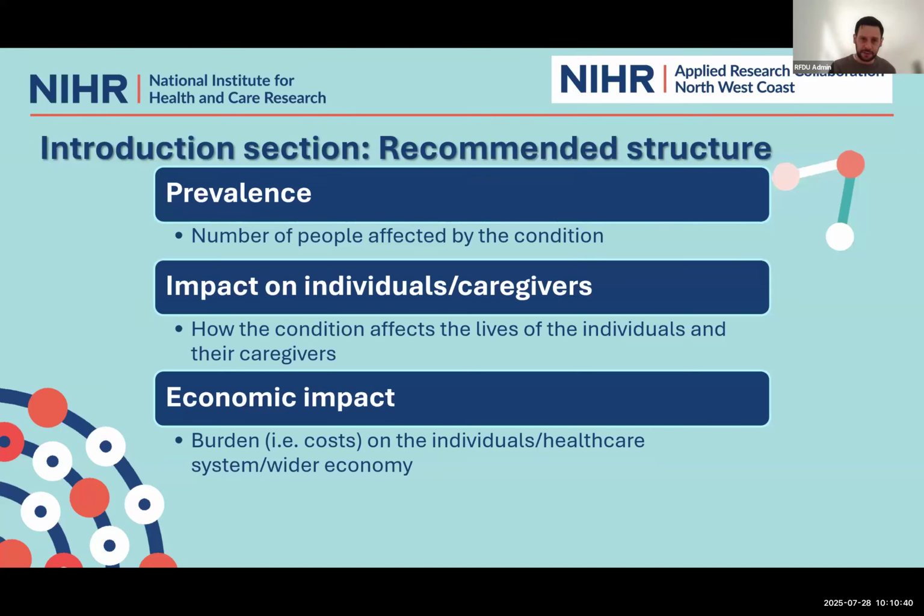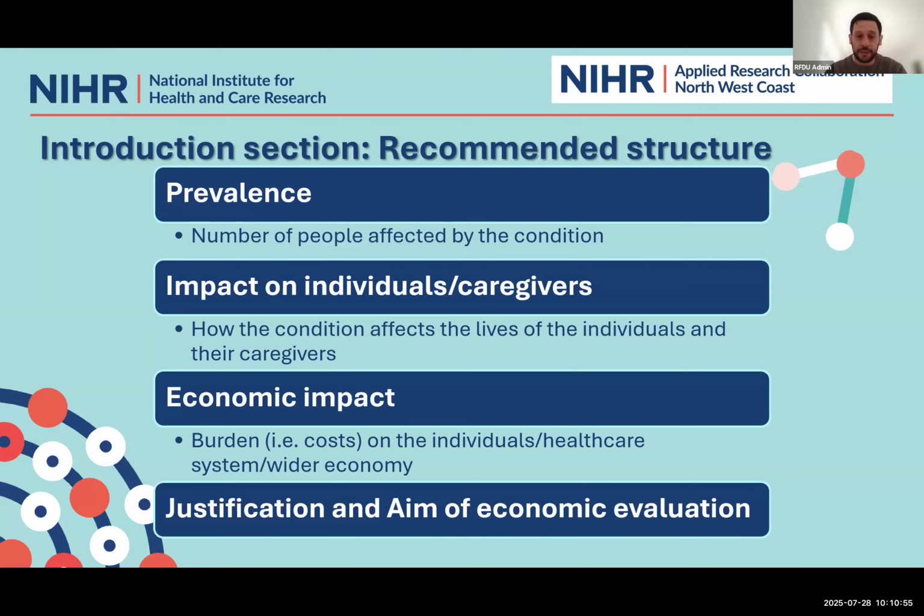There might be some impact on individuals and caregivers, of course, with out-of-pocket expenses, but these types of expenses might be more relevant in other countries. Let's think about the US, for example, or countries like lower or middle-income countries. And lastly, we also need to try to formulate a concise summary of the justification behind the economic evaluation, why the authors thought that the economic evaluation was important, and the aim of the economic evaluation.